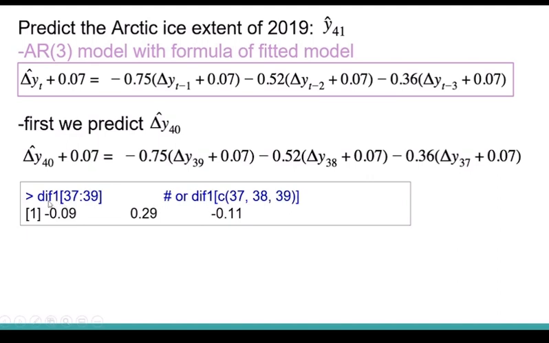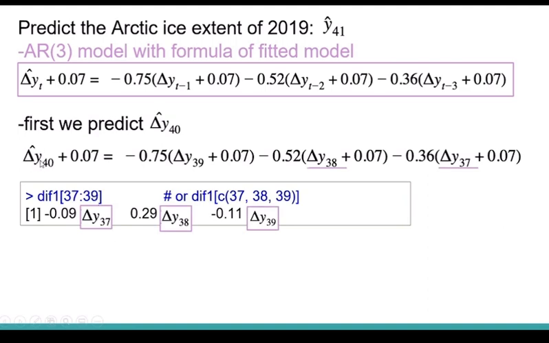For the differenced data set, those are the values you're actually going to have, because we need to plug them in. Take a look at that. That is for data y37, that is for data y38, and this is for data y39. So I needed to plug all of this into this model so that I will be able to get data y40.